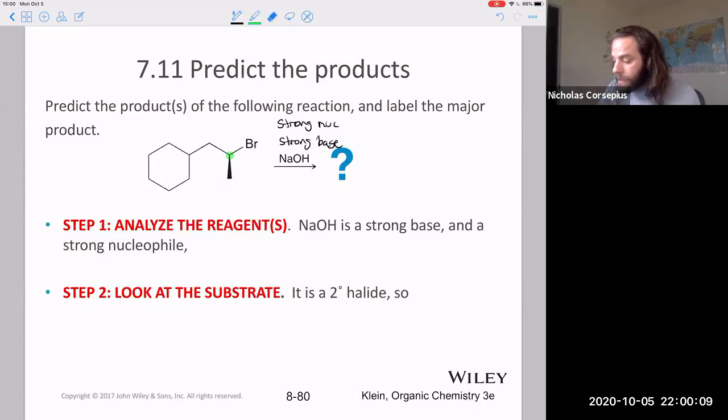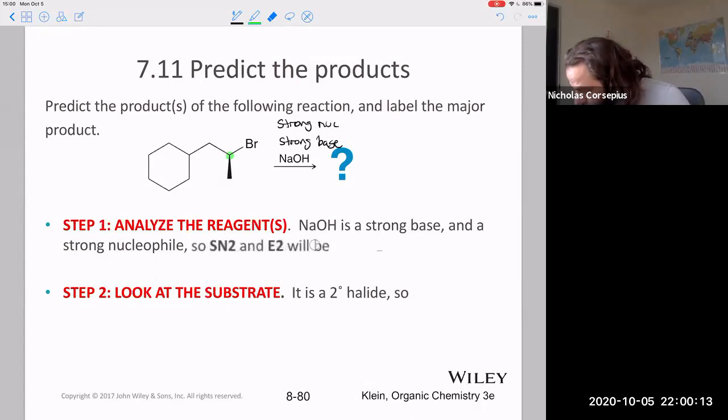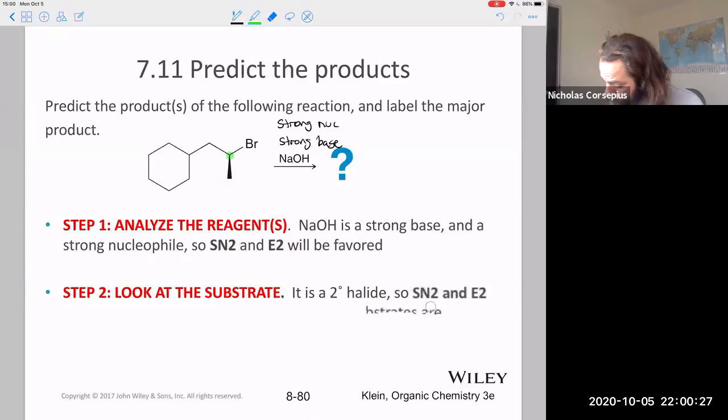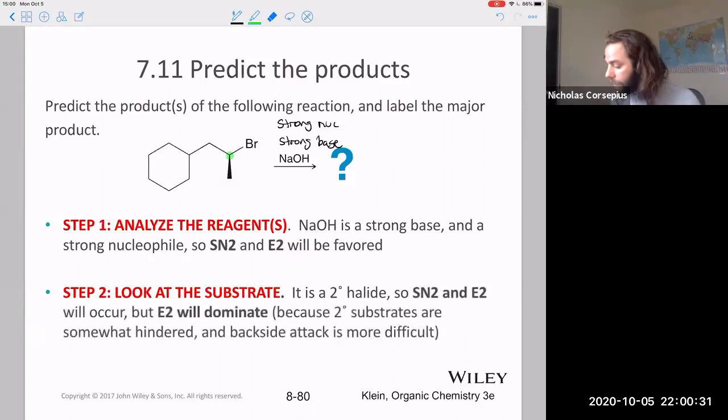This is a secondary alkyl halide. So just by considering our base, we know that we have an SN2 or E2. And once we consider the fact that it's a secondary alkyl halide, remember what secondary prefers? We'll get a mixture of the SN2 and E2, but E2 will dominate because of the slight steric hindrance that you have with the secondary.